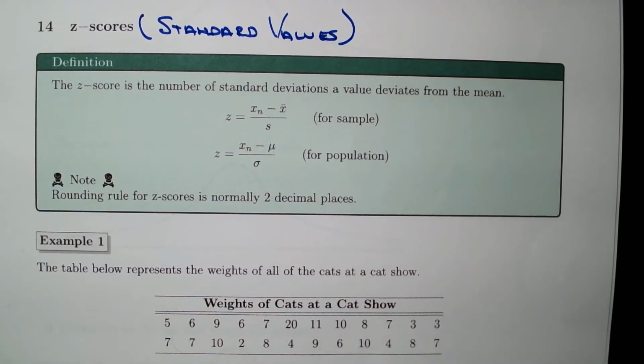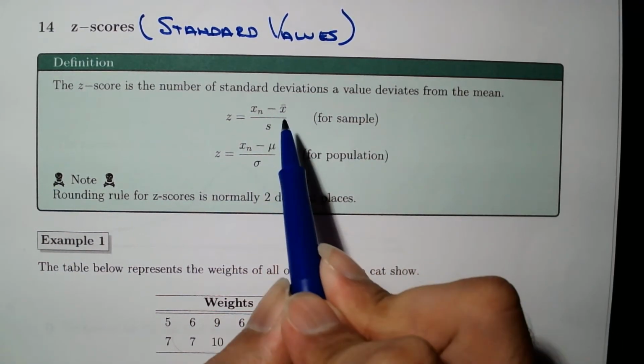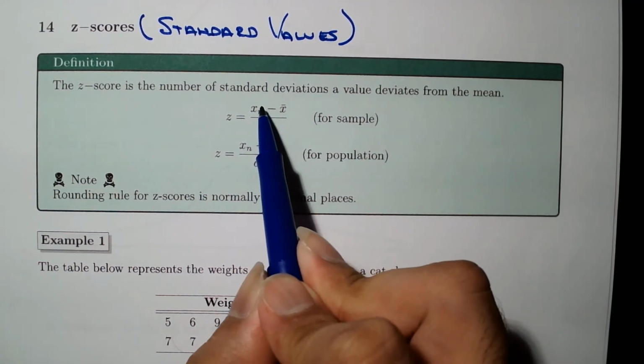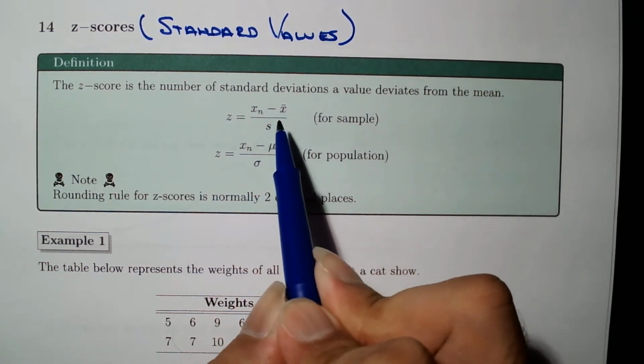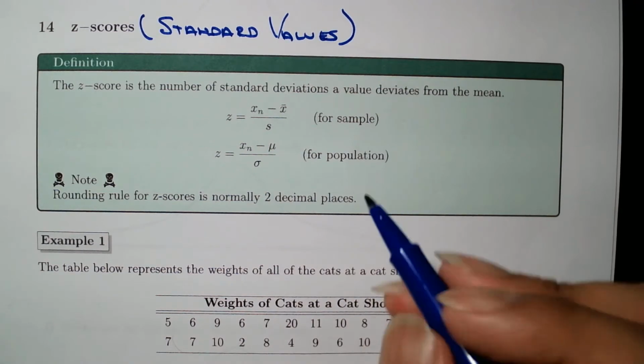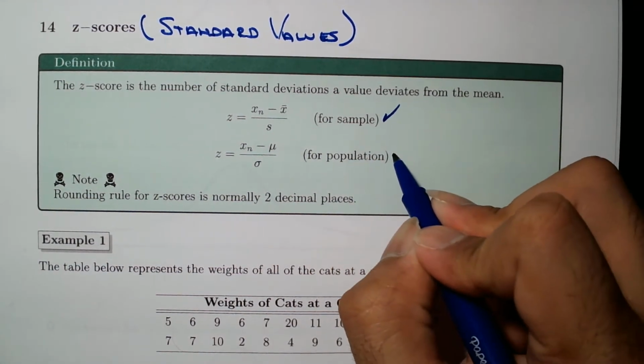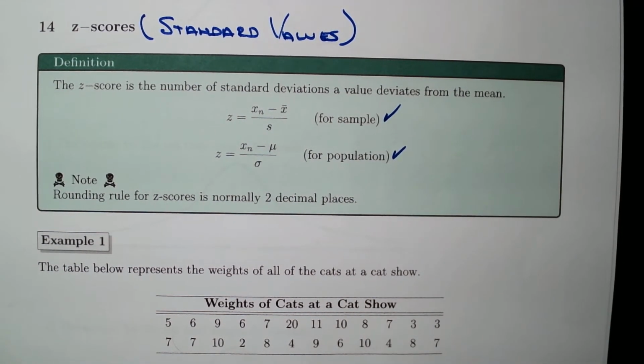And ultimately, these z-scores tell us how much whatever value deviates from the mean. Now, the formula to calculate is very simple. All we have to do is take whatever value we want to know, subtract the mean and divide by the standard deviation. So for sample and for population, we have exactly the same formula.